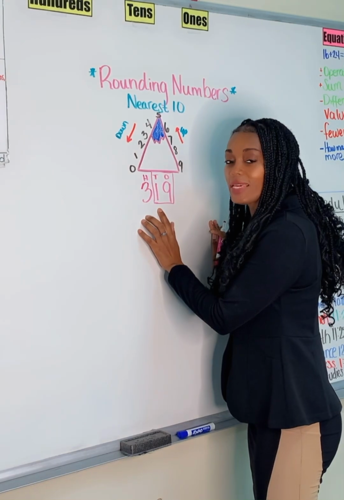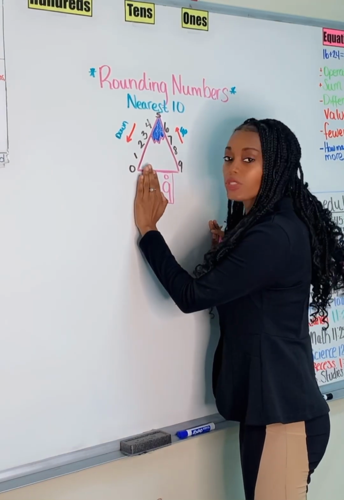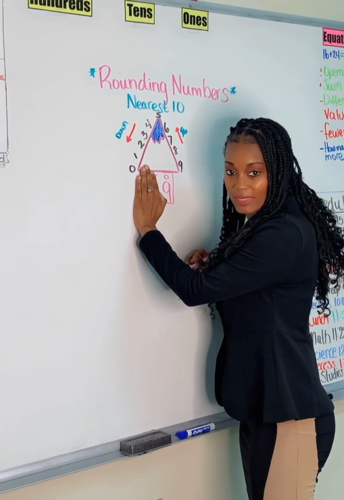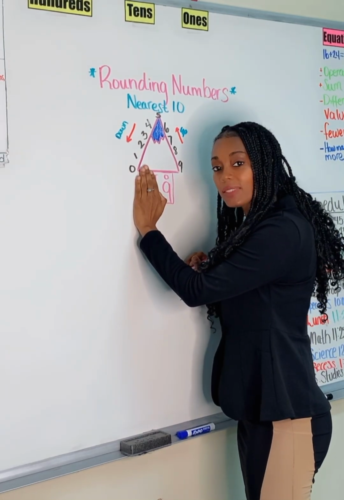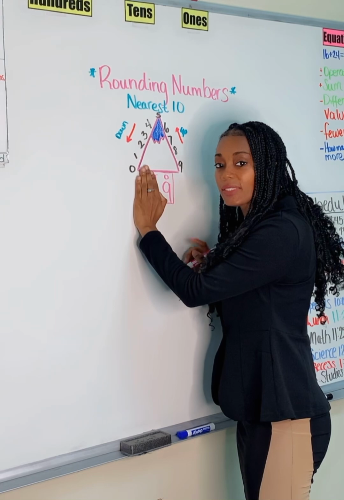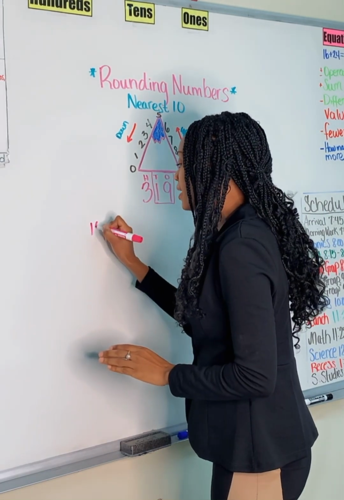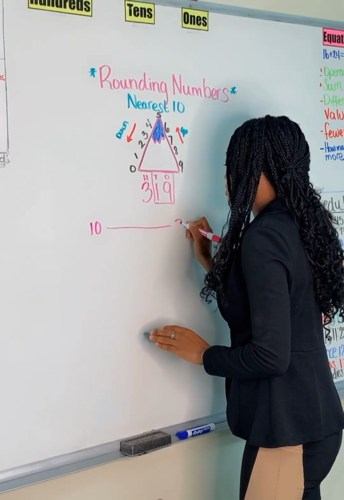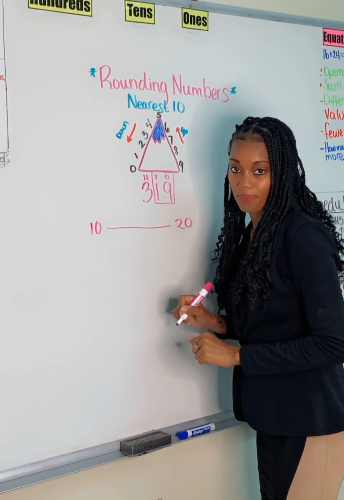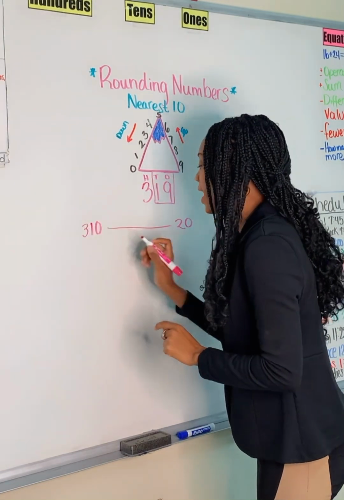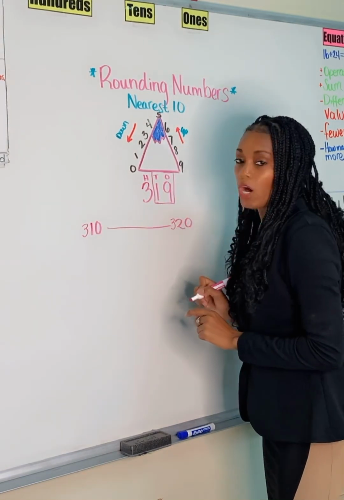So to make it easier for myself, I am going to cover the hundreds place and just focus on the 19. I'm going to ask myself, what two tens does 19 come between? And that's going to be 10 and 20, okay? Then what I can do is just go ahead and add back that 100.